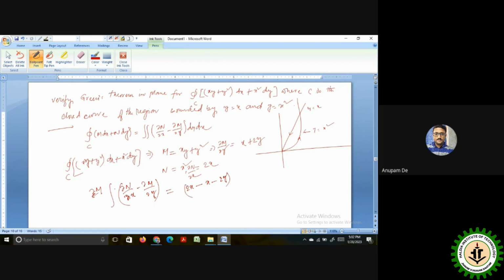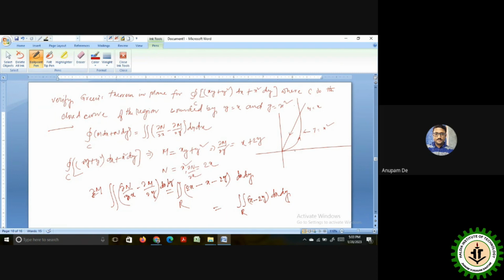Now you will do the double integration dx dy over the region R. So that will basically be the double integration over the region R of (x minus twice y) dx dy.